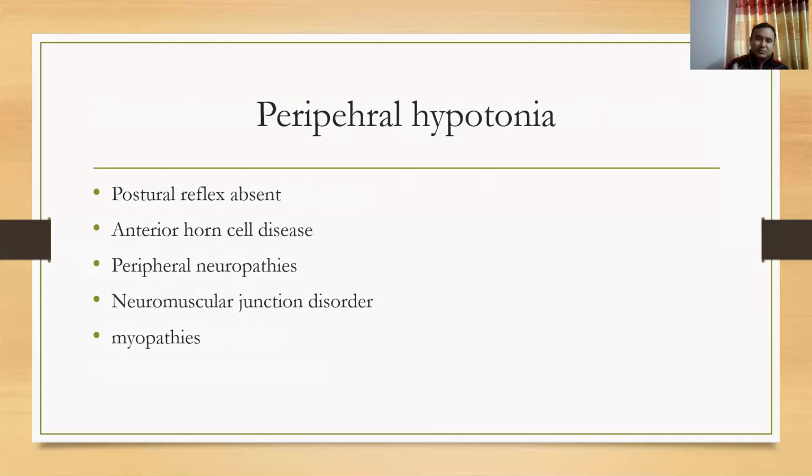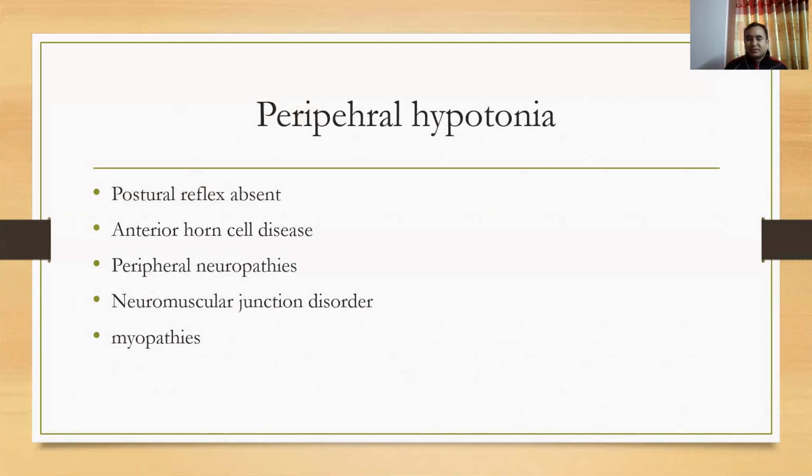In anterior horn disease, there are fasciculations, absent reflexes, and proximal muscle involvement, especially in SMA. The child can have breathing and swallowing problems. In peripheral neuropathies, the child can have symmetrical or asymmetrical decrease in muscle bulk and hypotonia.